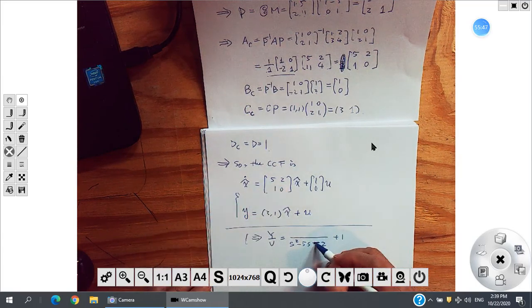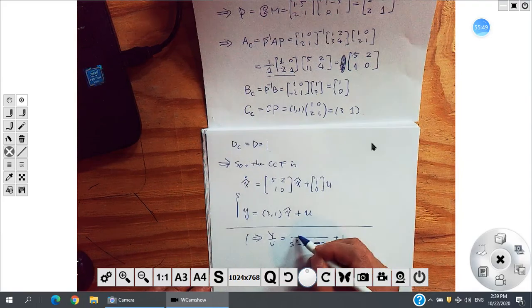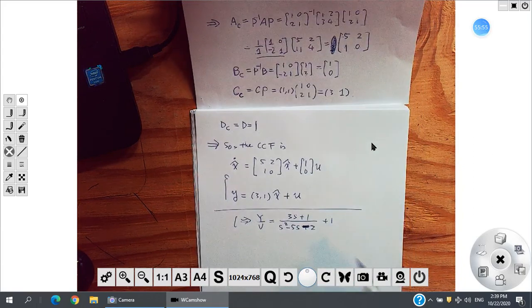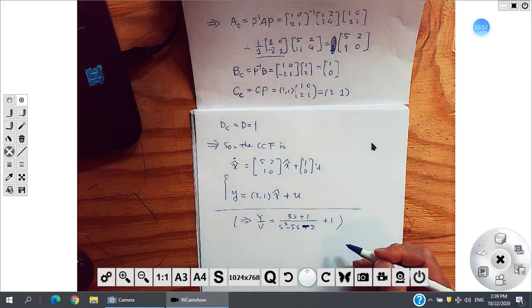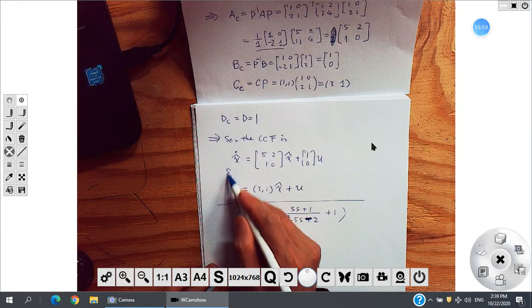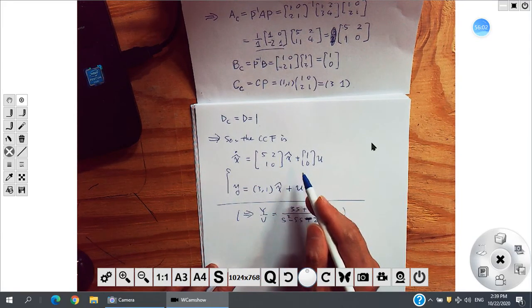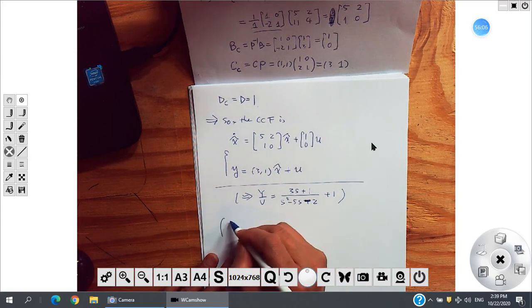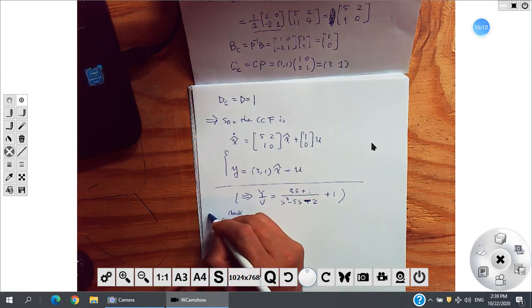Change the sign we need. And the numerator will be 3s plus 1. Alright, so we can have the transfer function looks like this. We can also calculate it by the formula we just have. We double check.